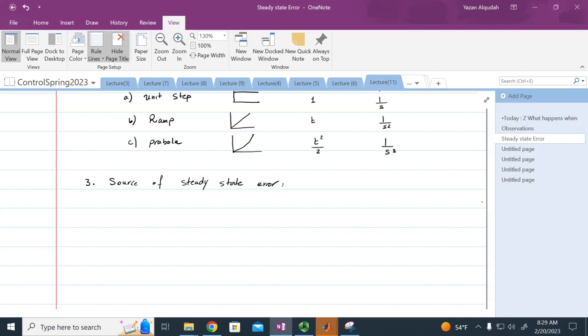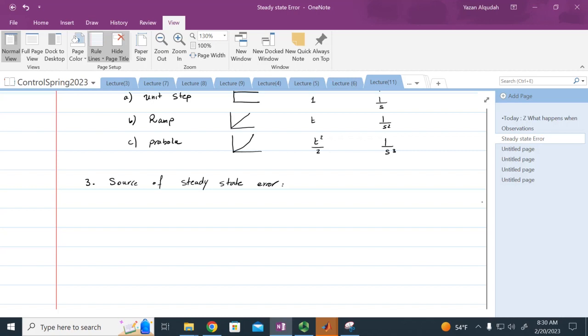Just about anything that affects the system, externally or internally. It depends on the system. Give me just a source of an error in a system.